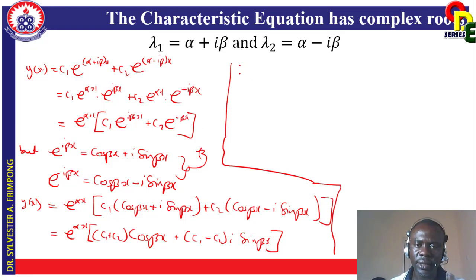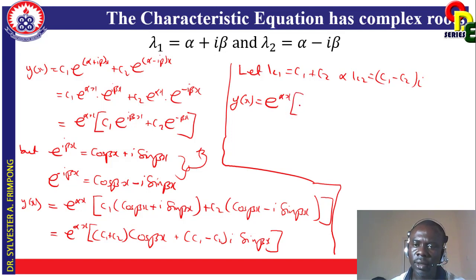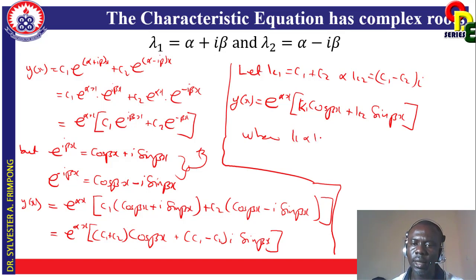Now if we let K1 be equal to C1 plus C2 and K2 be equal to C1 minus C2 multiplied by i, then we can write the general solution as e raised to the power alpha x times K1 cos beta x plus K2 sine beta x, where K1 and K2 are constants.